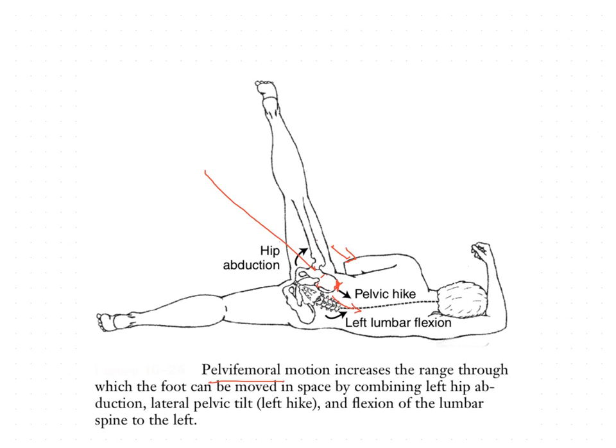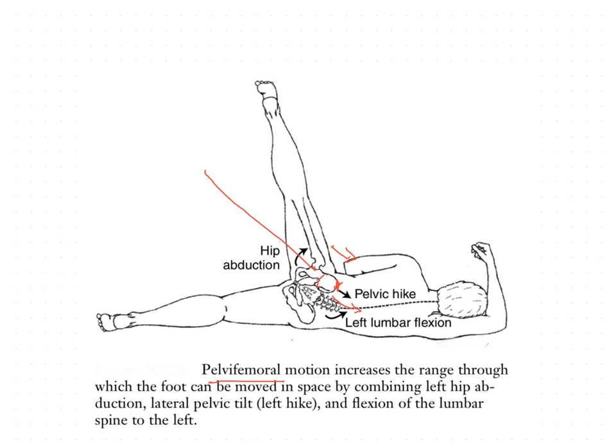Unlike scapulohumeral rhythm, lumbar pelvic rhythm in all directions occurs without a specific mandatory sequence of activity and without a fixed proportional contribution of its component parts. If you see in this movement, at the pelvi-femoral level alone the range is less.